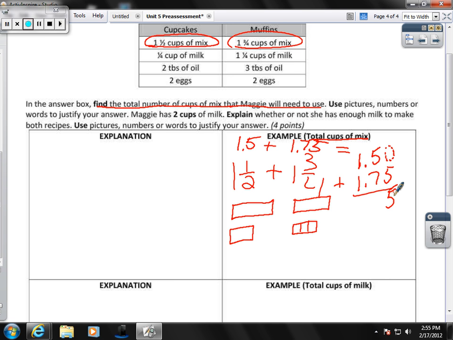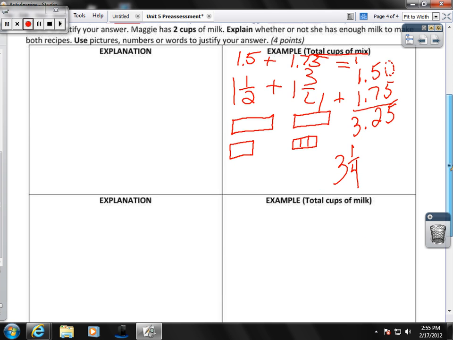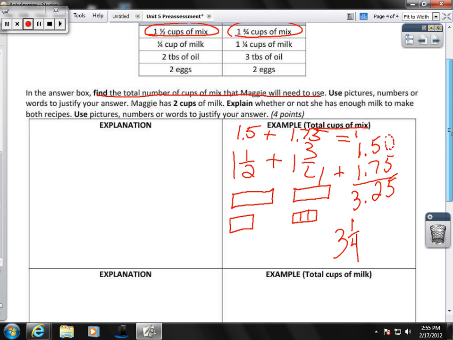Thanks, Mr. Citro. Is 12. And we have 1, 2, and 3. That's 3.25. So that means 3 whole cups with 1/4 left over.